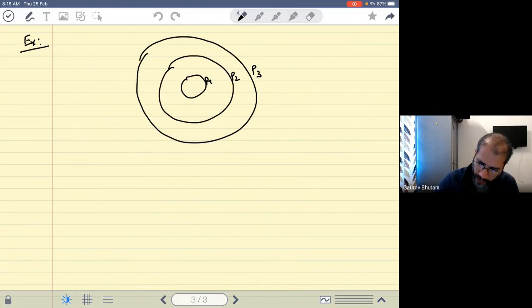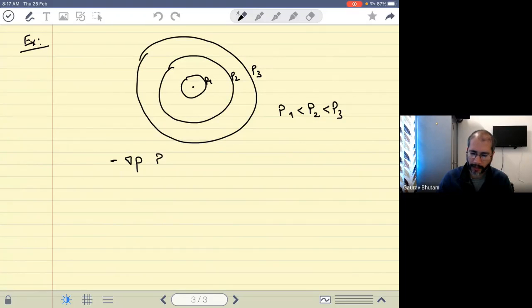And in this case, P1 is less than P2 is less than P3. So as you go out from the center, the pressure increases. So can you think about what the direction of grad P, or in fact minus grad P, will be?